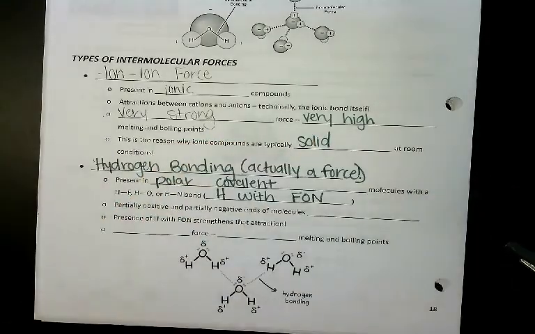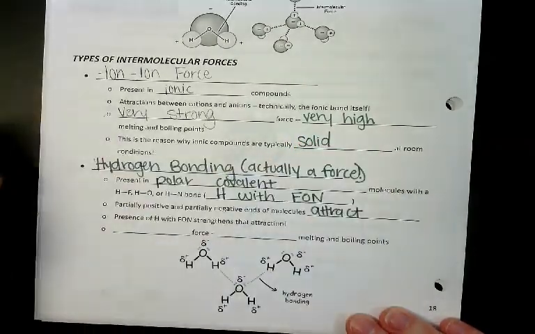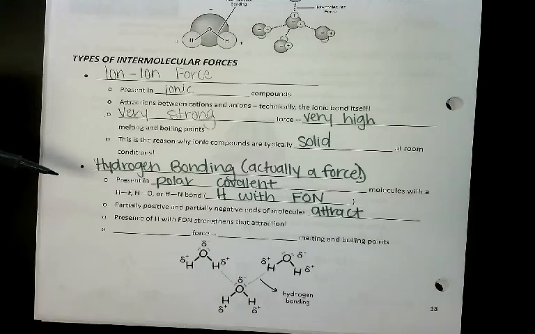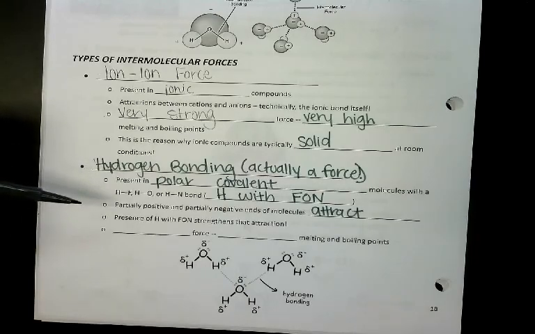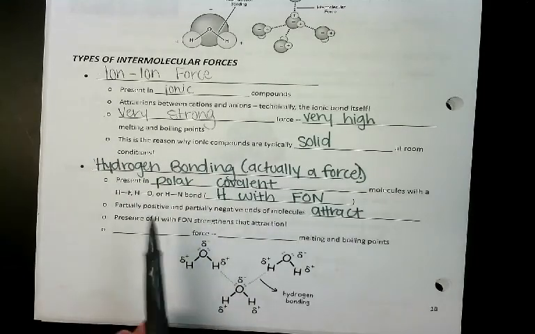Now, partially positive and partially negative ends of the molecules attract. Okay? Now, this partial positive and partial negative in a hydrogen bond, they're actually very extreme, especially the partial positive. What happens, oxygen, nitrogen, and fluorine are the three most electronegative elements on the periodic table.